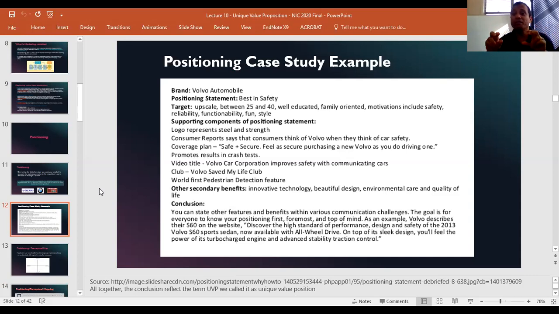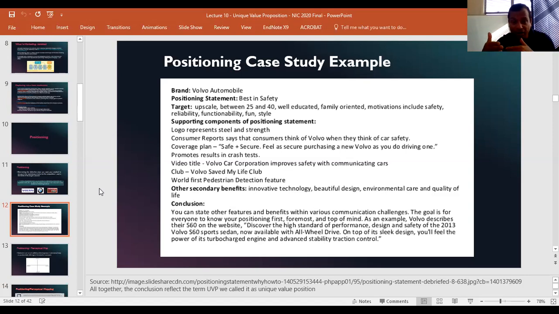And what is very important is that if a company is claiming something, you must have supporting evidence to back that claim. For Volvo, they have supporting documents, logo, coverage plan, promoted results in the test drive, crash test drive. And also they are claiming that the world's first pedestrian detection feature is integrated in their system.